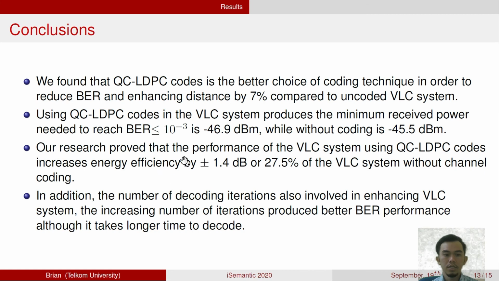And in this research we have a coding gain of around 1.4 dB. In addition, the number of decoding iterations also contributes to enhancing the VLC system. Increasing the number of iterations produces better BER performance, but it takes longer to decode. So this is one of the trade-offs in our research.